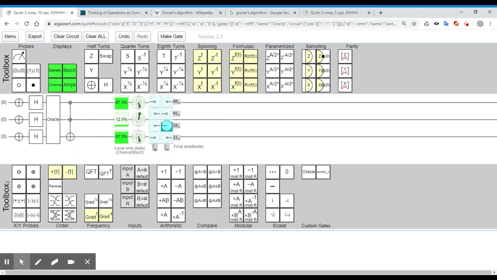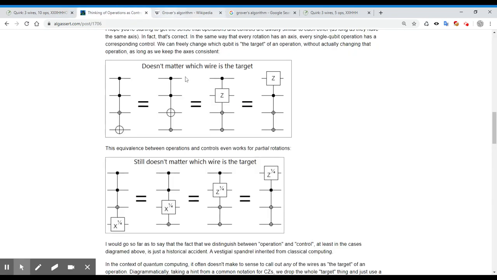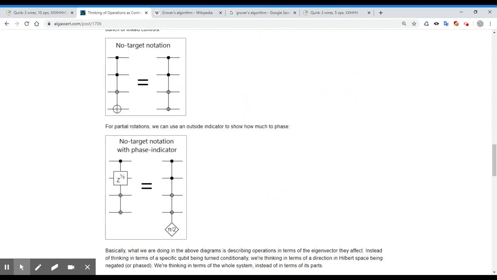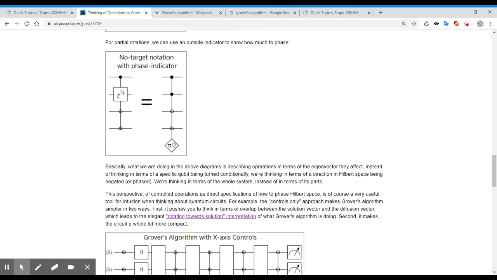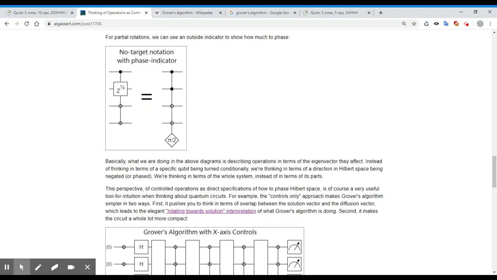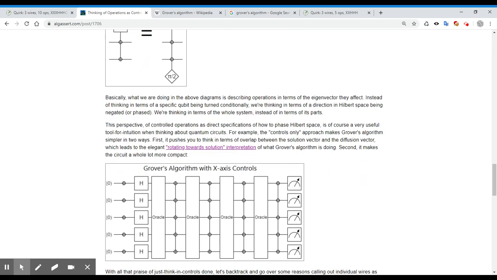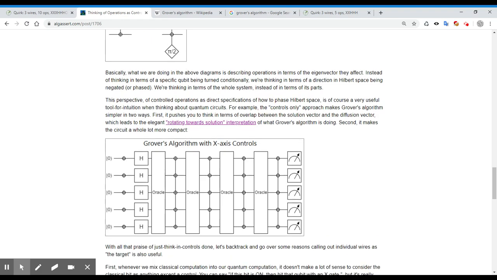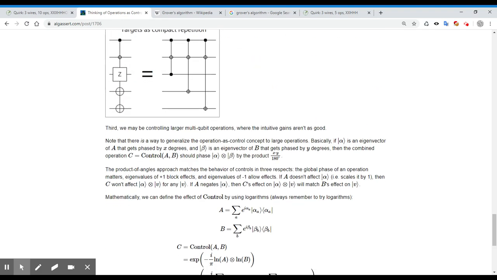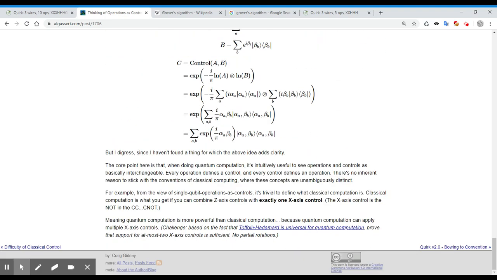What this is saying is, how to phase the Hilbert space. So it's basically to change.